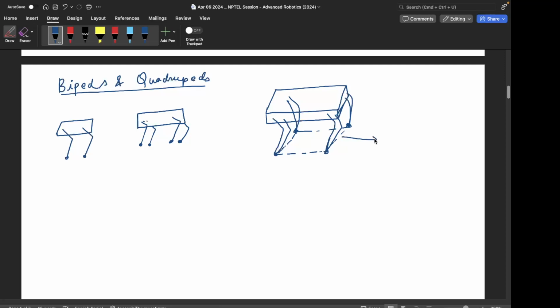So this is called the support polygon. All right. So the concept of stability is very important and is taken into account in designing all the motion planning algorithms, right?